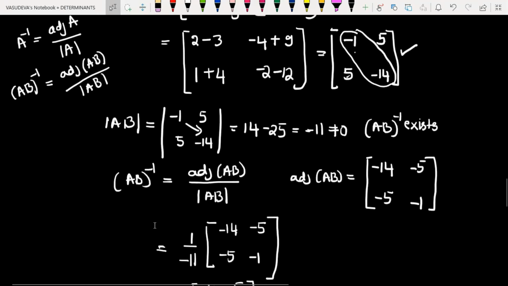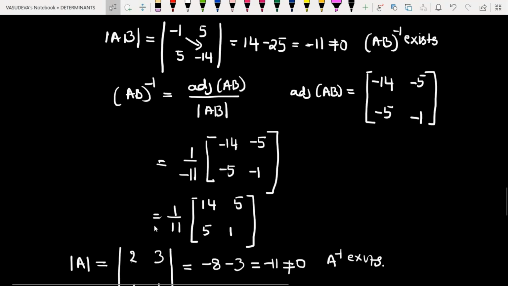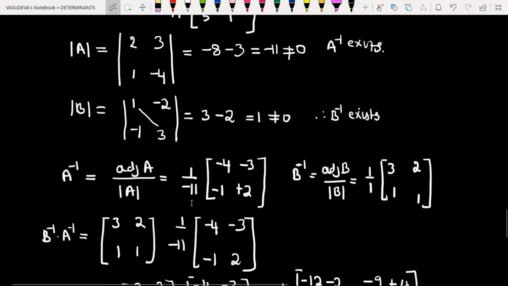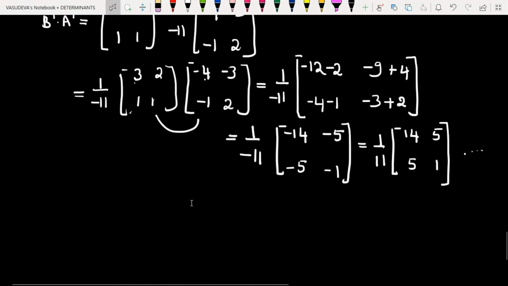See, observe that we have the result (AB) inverse, take this as 1, and B inverse into A inverse, take this as 2.